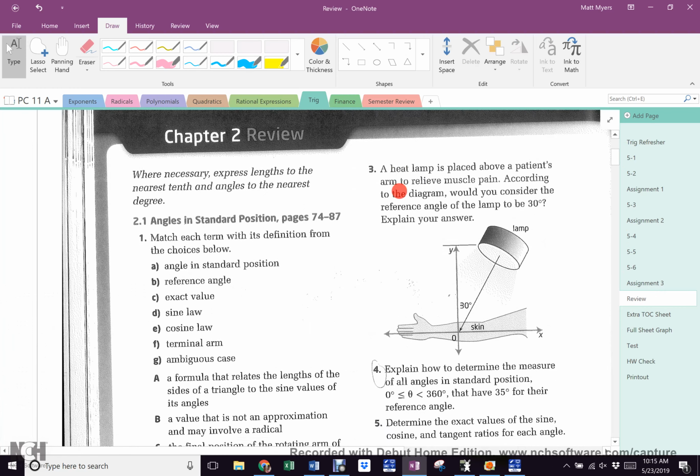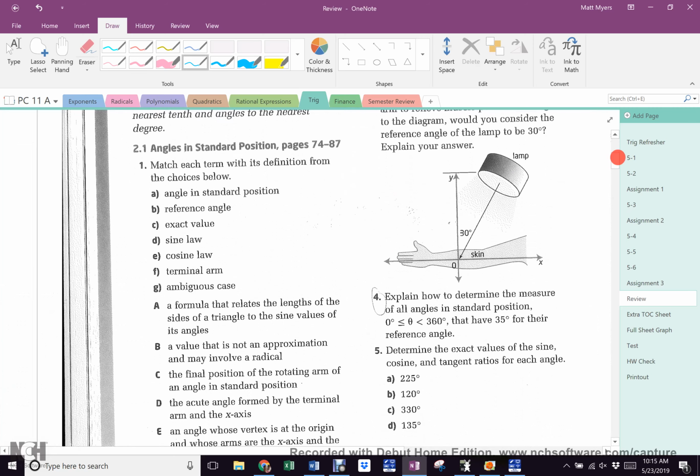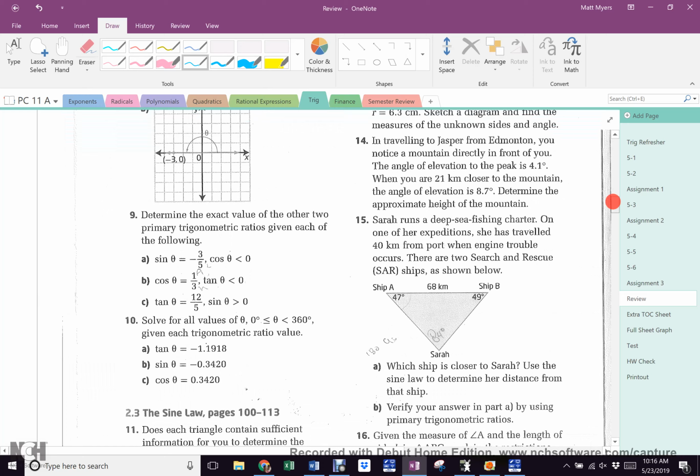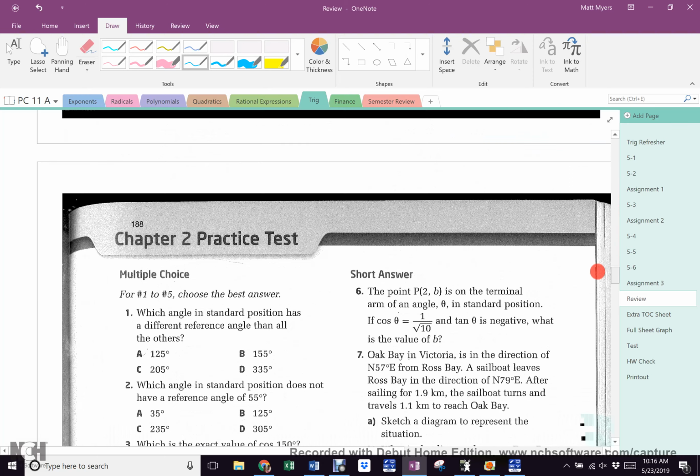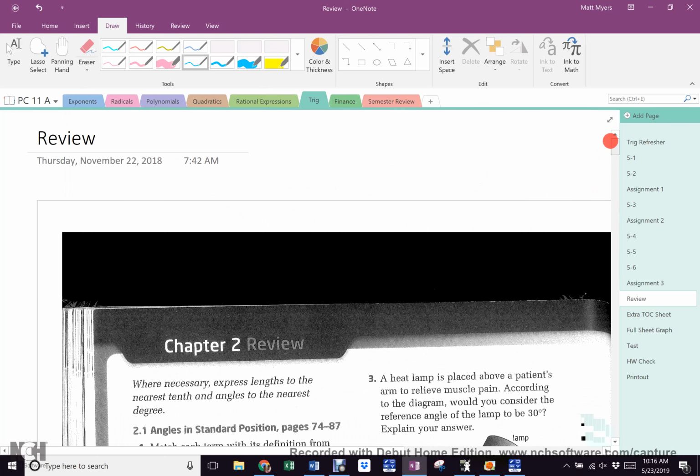If everybody would be so kind, I don't think I want you to do all of this. I do not. So if all of you could turn to whatever page says Chapter 2 Review.